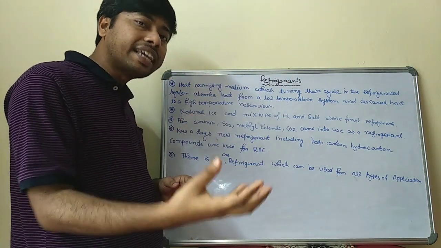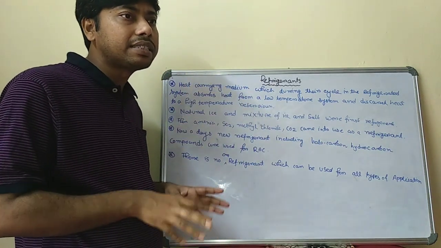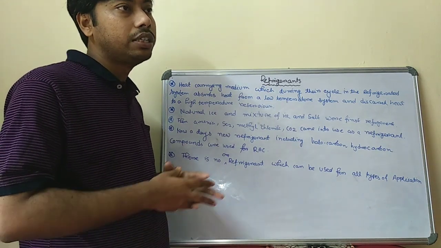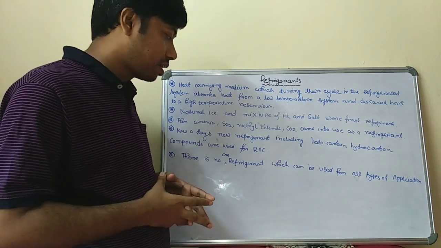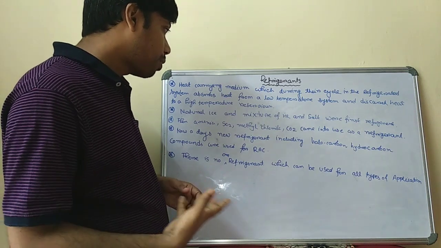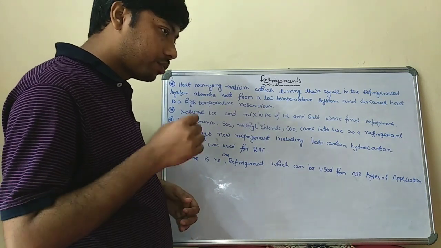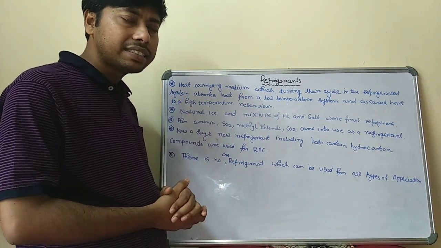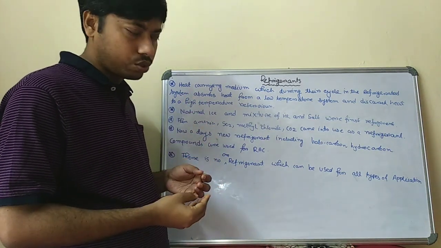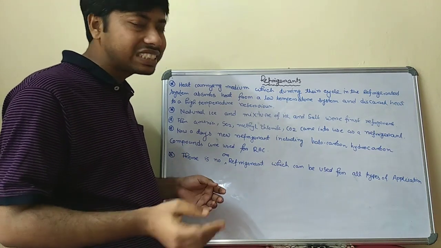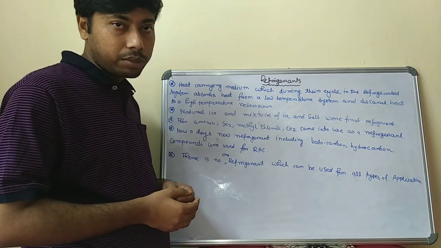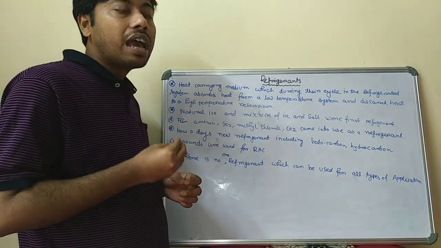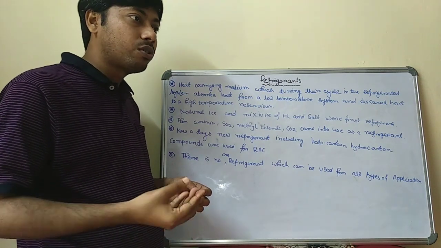Now new refrigerants have taken their place. They may be halocarbon or hydrocarbon type refrigerants, which are used nowadays in refrigeration units. But one more thing: there is no refrigerant that can be used for all types of applications, because each refrigerant has its own advantages and some disadvantages.